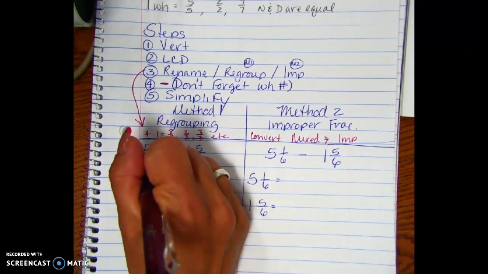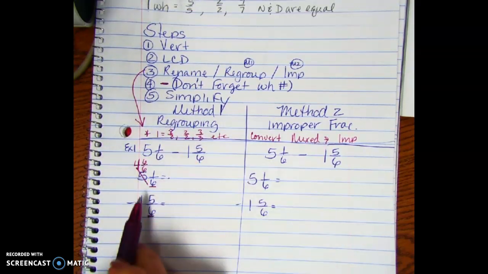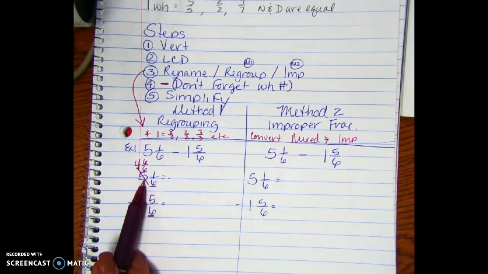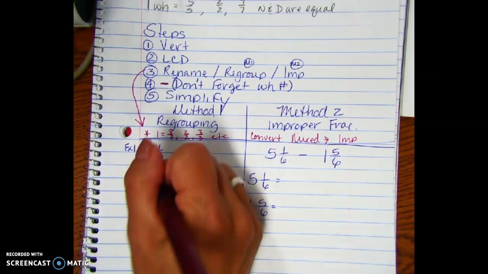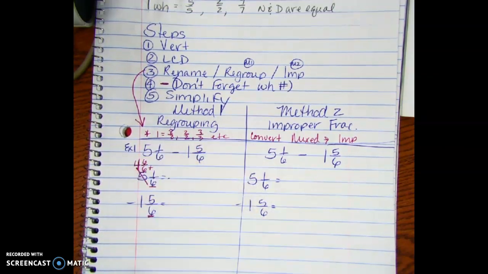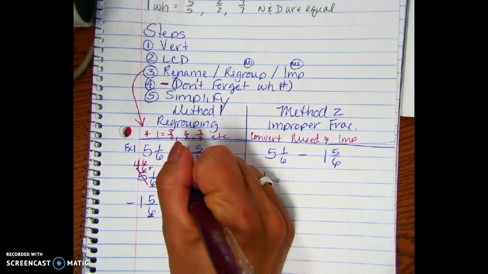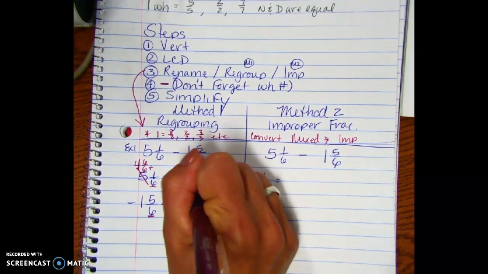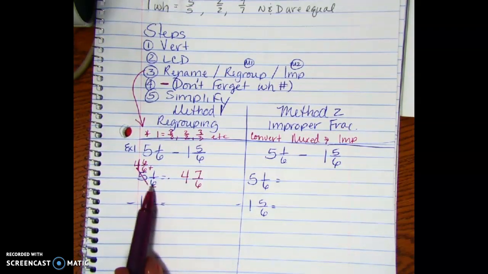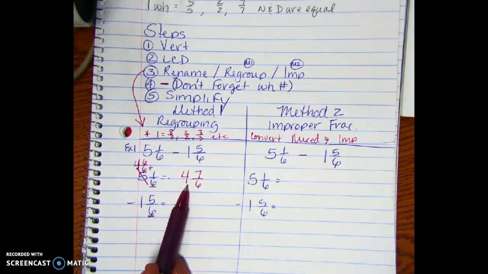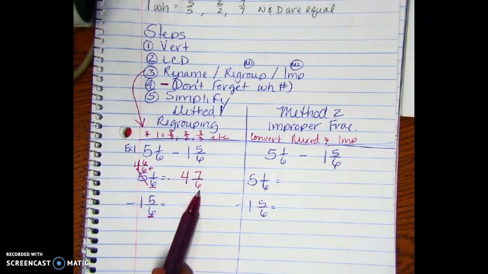So 1 equals 6/6. So basically 5 is 4 6/6. Well, we're going to add that to our fraction of 1/6. So I end up with 4 7/6. So this 5 1/6 is now equal to 4 7/6.